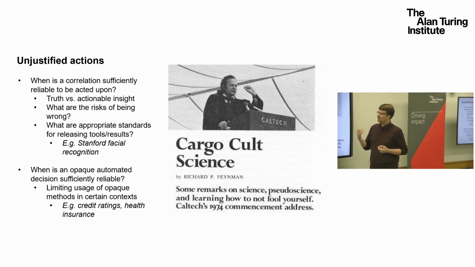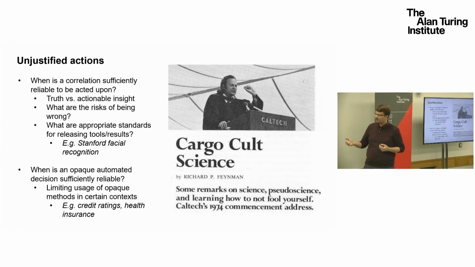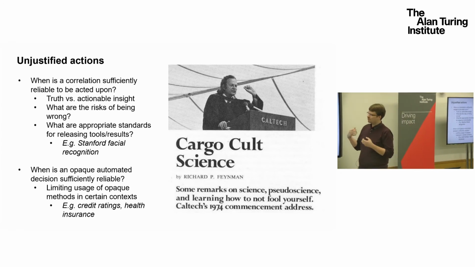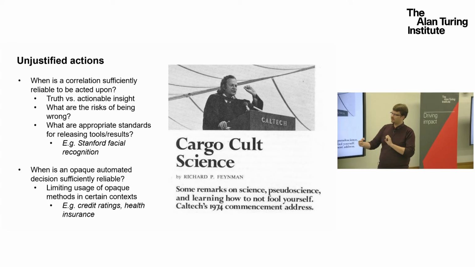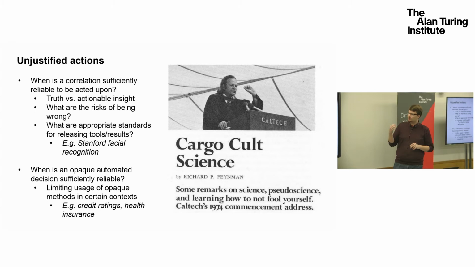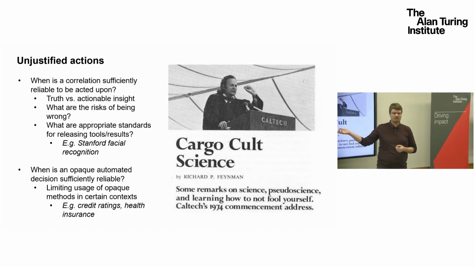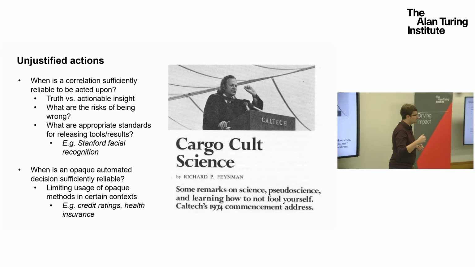And so what we need is some sort of standards for acting upon correlations. Again, these are ethical standards rather than scientific standards about what we consider to be sufficient for publication. And also appropriate standards for releasing the tools or the results that we produce with algorithmic systems. So there was a recent case, the Stanford facial recognition case.